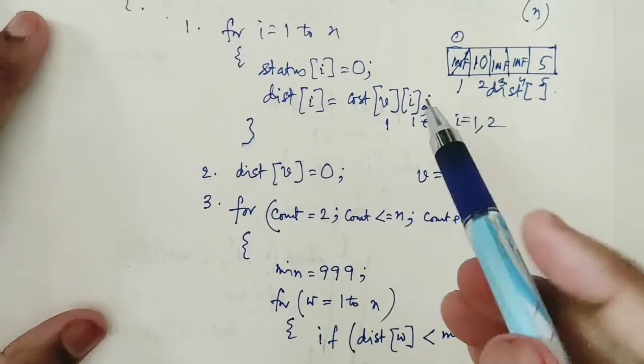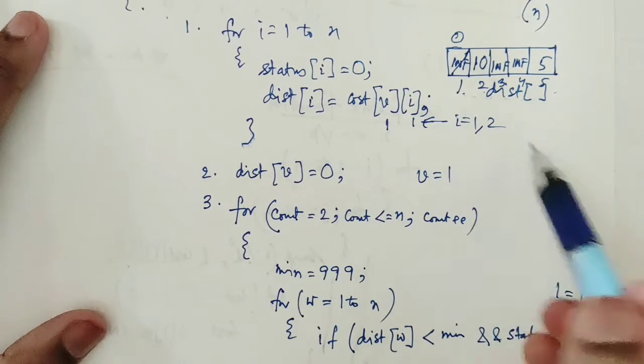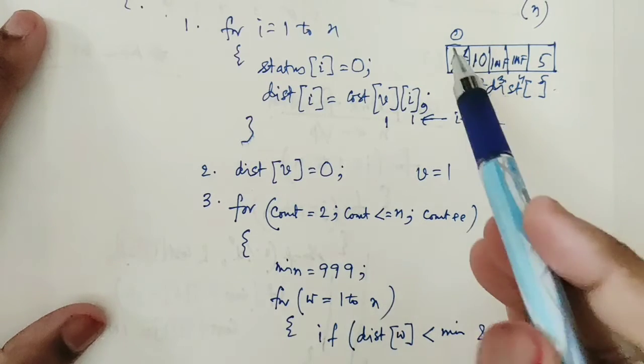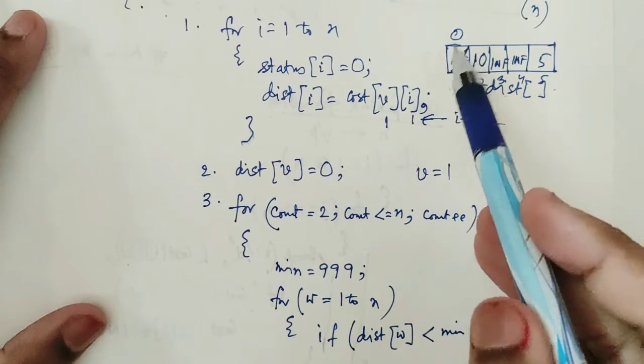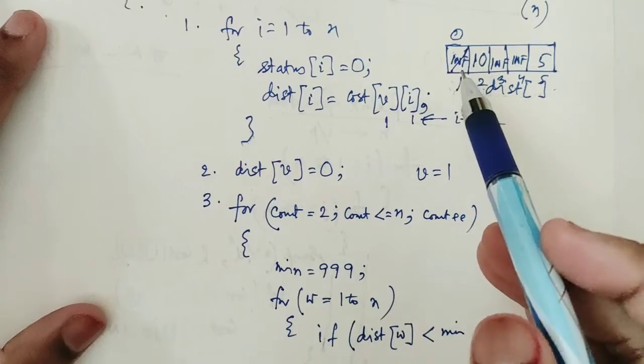That means pick up that vertex, vertex 1, 2, 3, 4, 5, which is not yet visited. Once you consider vertex number 1, its d value is 0 here. So you compare with min.